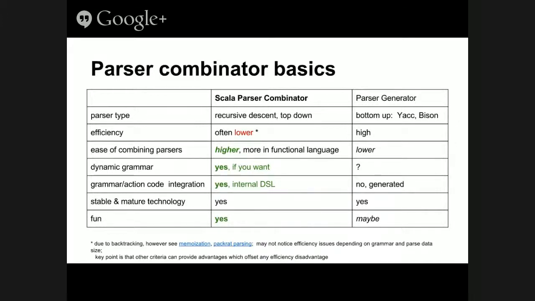And it's part of why it's easier to just see how it works in the code. That's just a side effect of the style of doing it. One thing that interests me about the parser combinator is how easy it is, I think, to combine parsers.